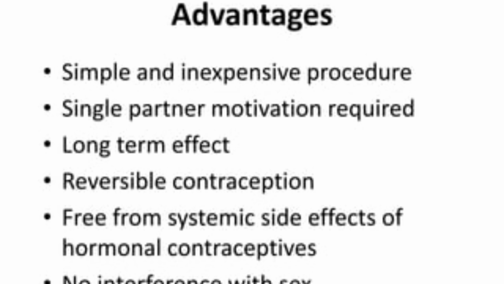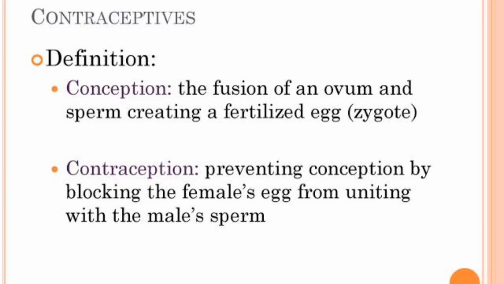So we will see the different kinds of contraceptives. Before that, on the basis of reversibility, contraceptive methods are divided into two groups: reversible methods and irreversible methods.